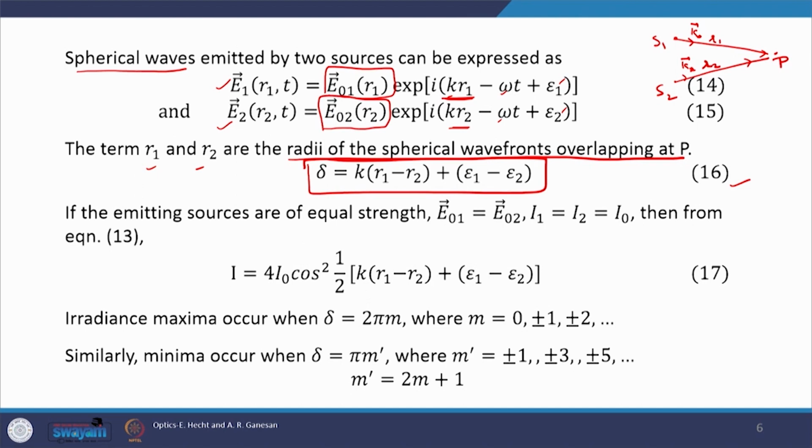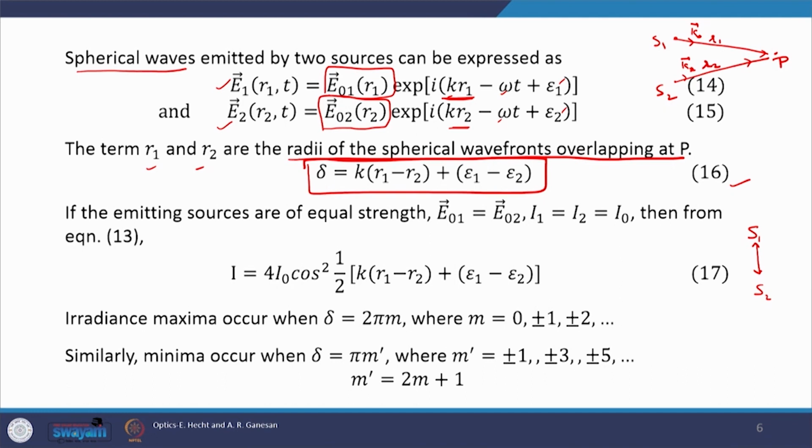Now, let us consider that the sources are of equal strength and they are very closely spaced. What we are doing is that we pick two sources and the separation between the two is reduced, in such a way that the separation between the two sources is much smaller than the distance of point of observation P from either of the sources.